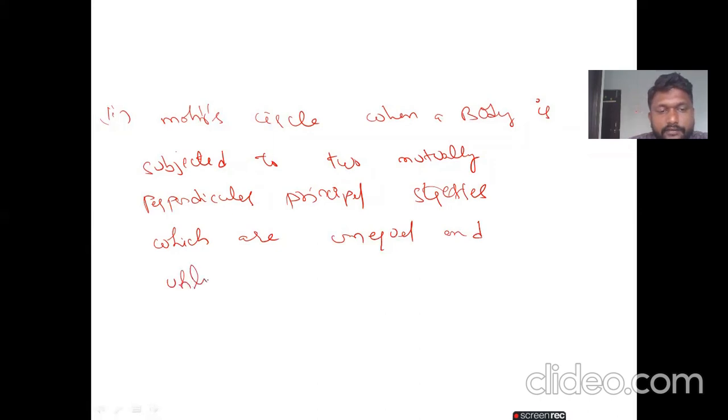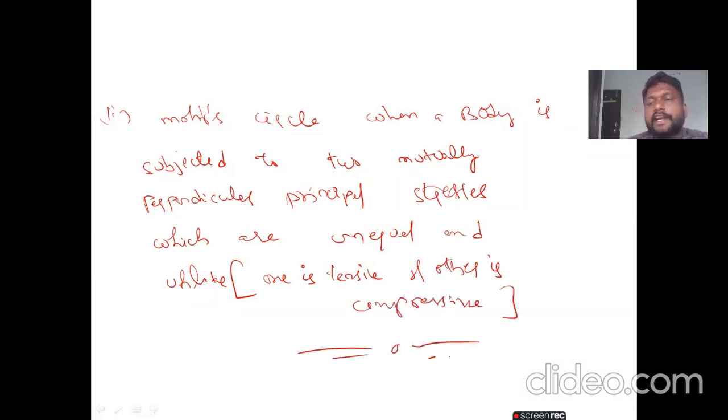That means one is tensile and the other is compression. So this is the second condition.